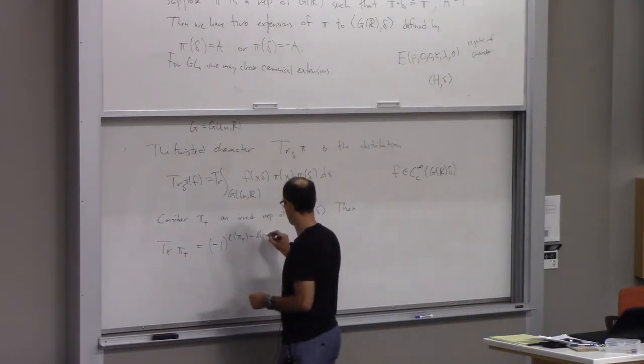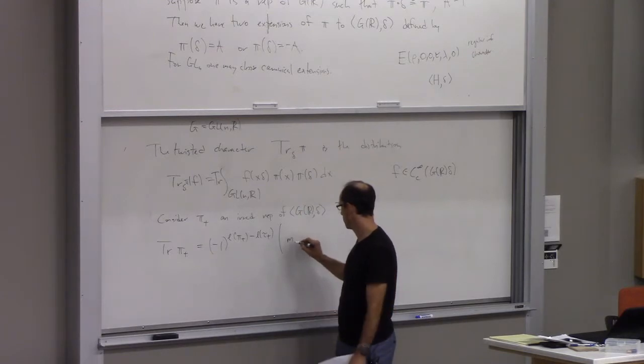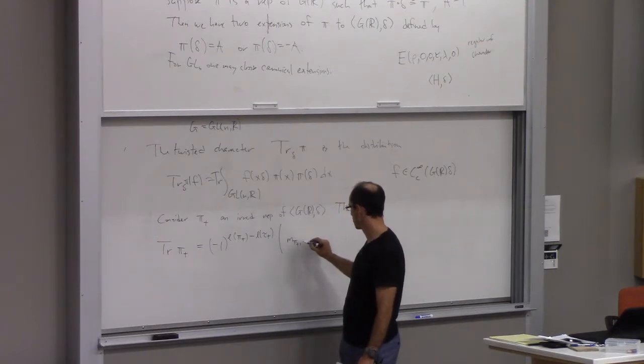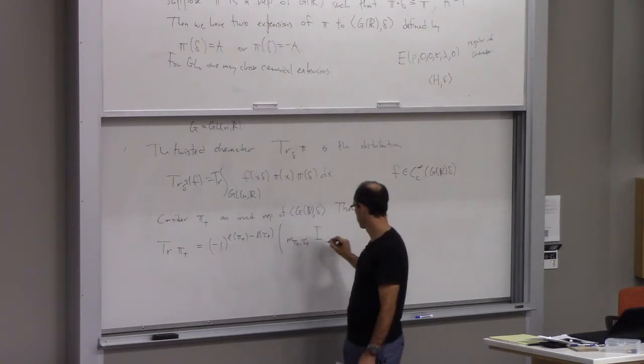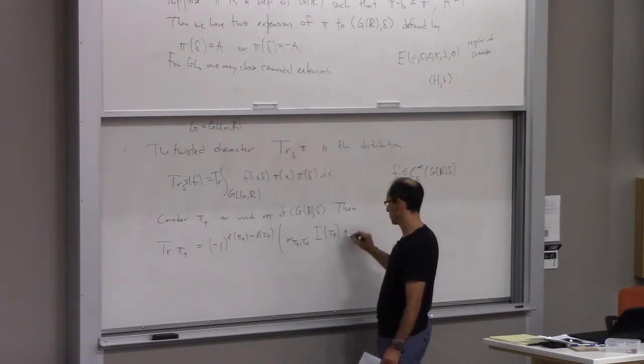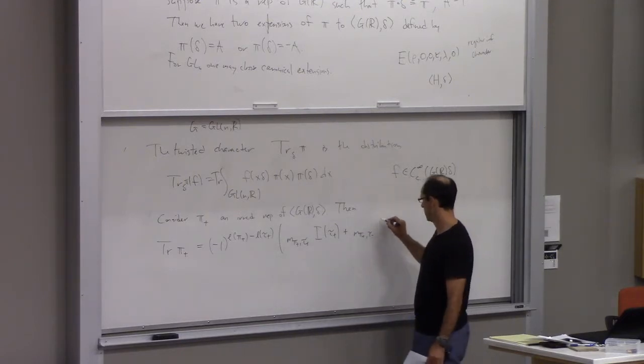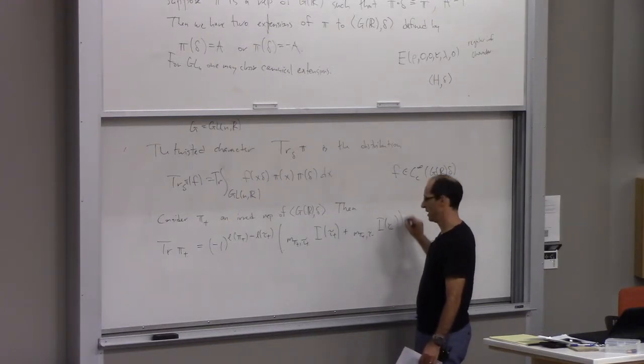Length, pi t plus. And then over here we have the multiplicity of, well, not multiplicity, some integer, tau plus I, tau plus, plus pi plus tau minus I, tau minus, and then other stuff.